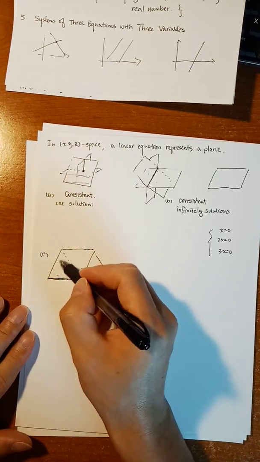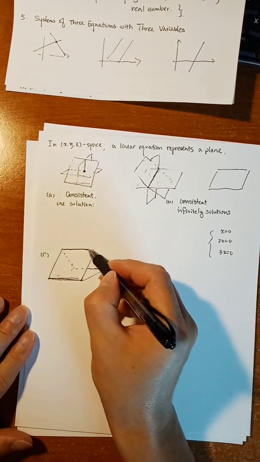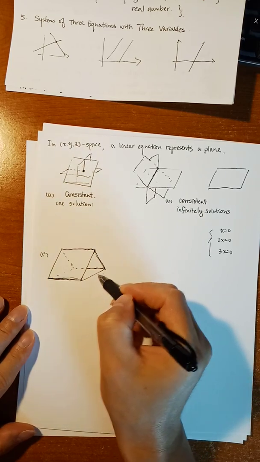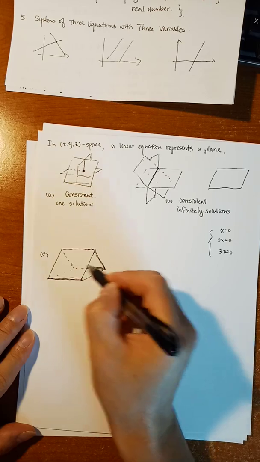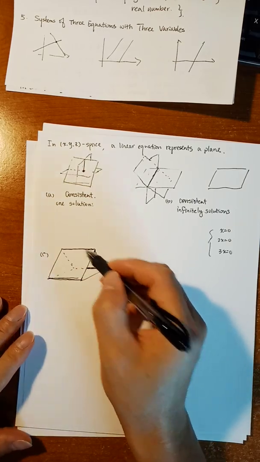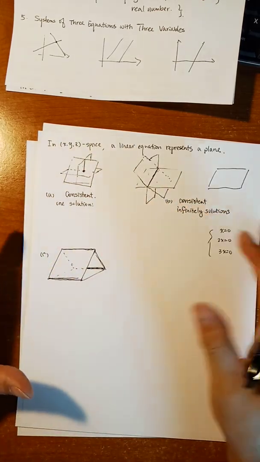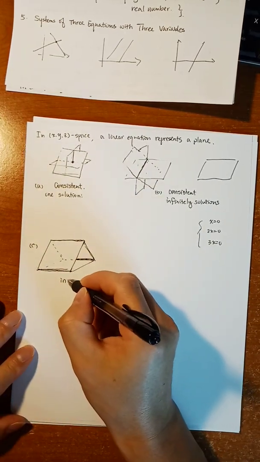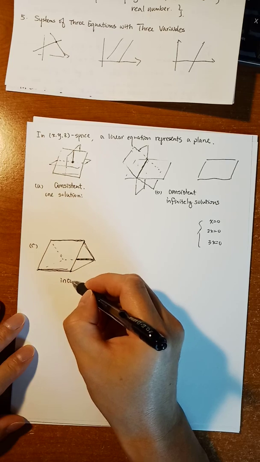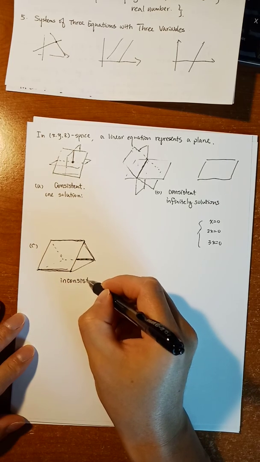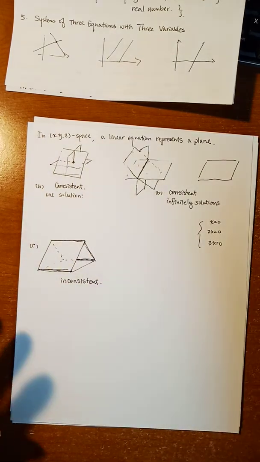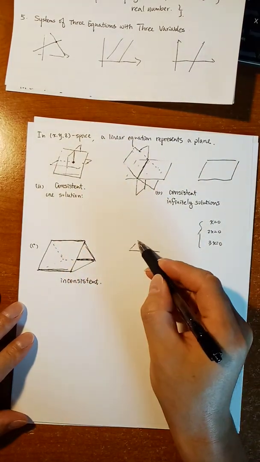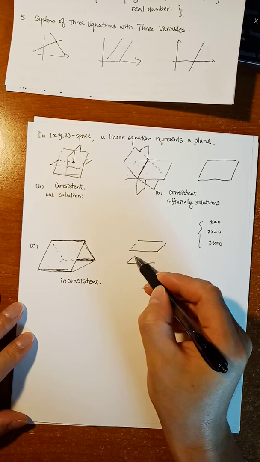The left wall and the right wall intersect at the roof. And the right wall and the floor intersect at the right line. But they do not share a common point. So this is inconsistent. You see, it becomes already complex. This is one case.